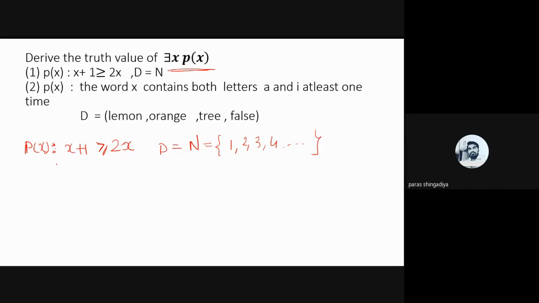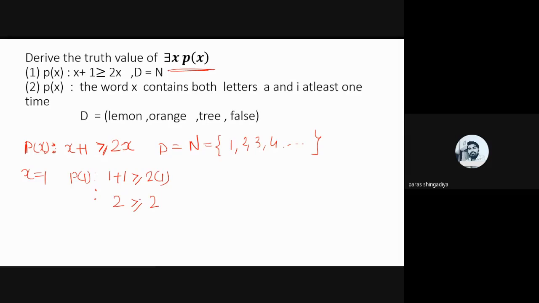For x equal to 1, P of 1 becomes 1 plus 1 greater than or equal to 2 into 1. Simplifying, it becomes 2 greater than or equal to 2. That is true. Why is it true?